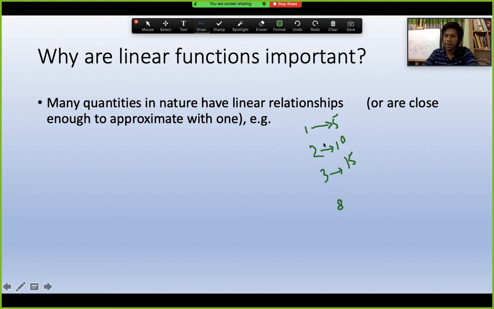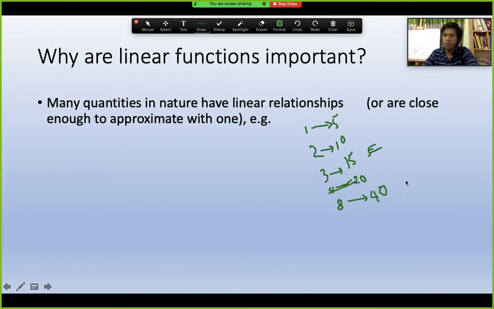So we know that this relationship is going this way, so we can just multiply by 5. 4 will be 20, 5 will be 25, and this way we can continue, but we do not have to, since we already know the relationship. So we can say that for 8 it will be 40.